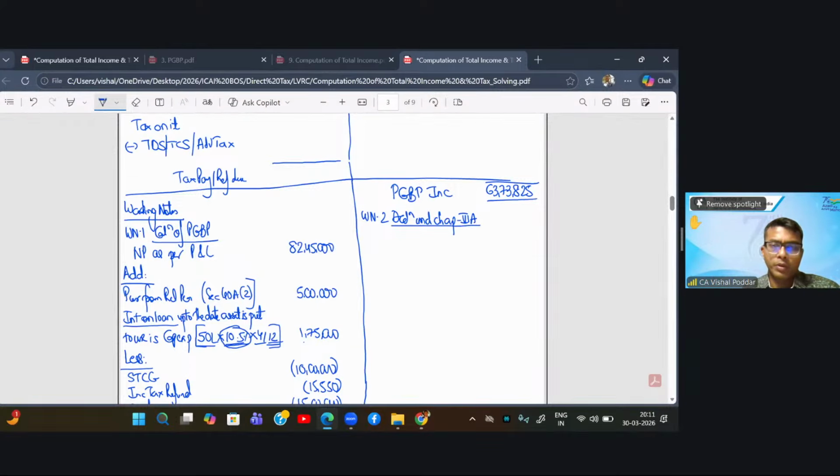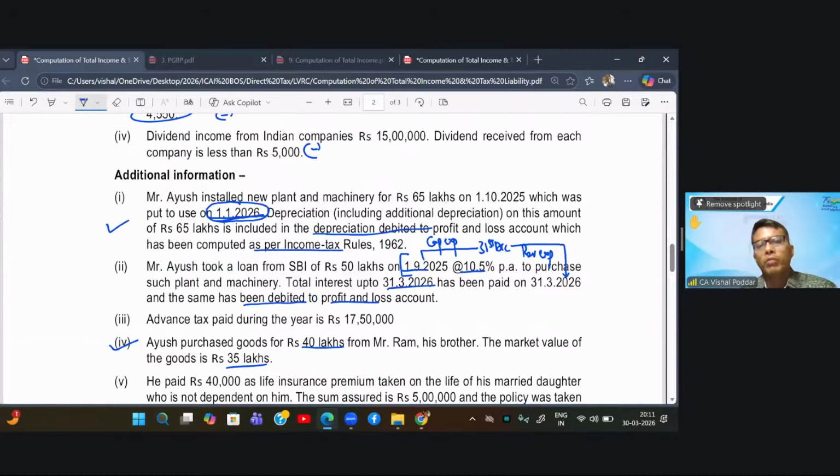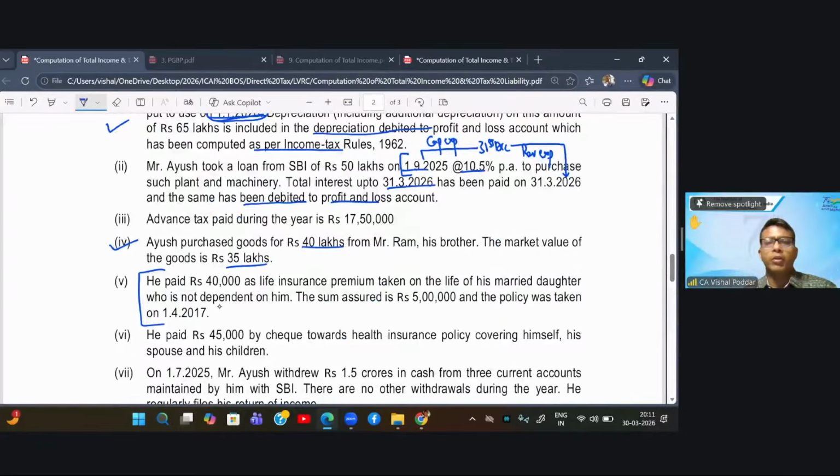Now, we have section 80C. In section 80C, what is given? You paid 40,000 as life insurance premium. This is covered in 80C for the life of a married daughter and the person is not dependent on you.